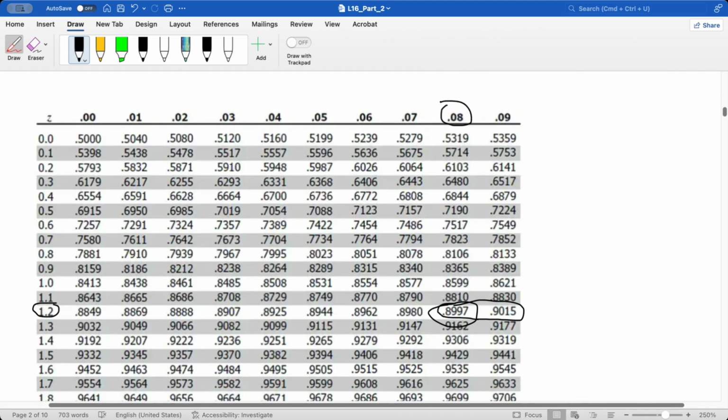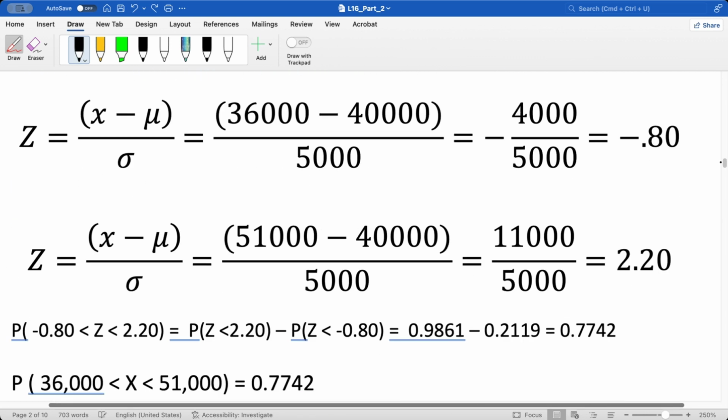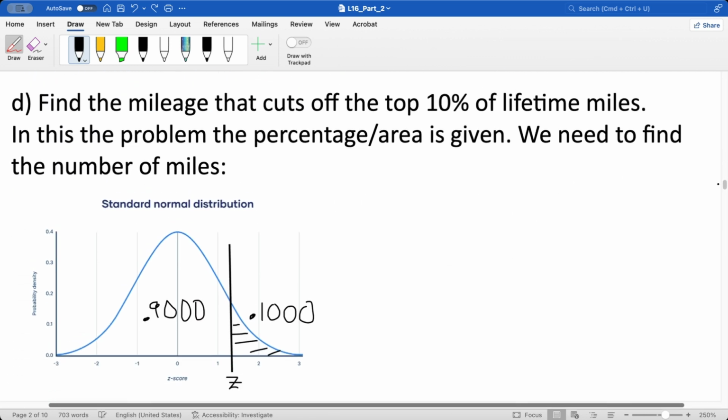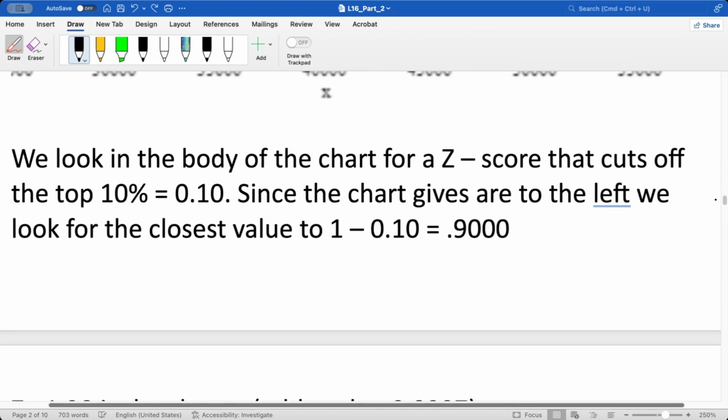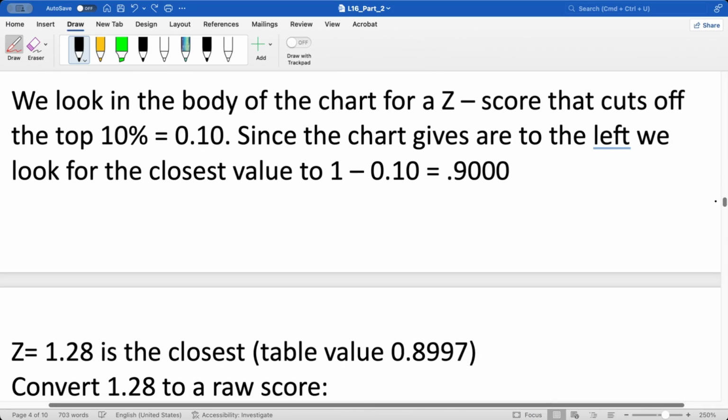So we're going to use 1.28 for an estimate for the z-score that cuts off the top 10%. So 1.28 was the closest.